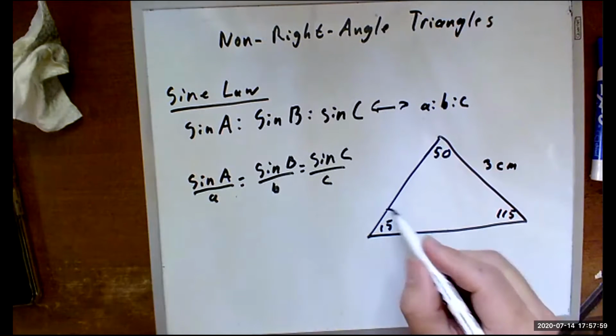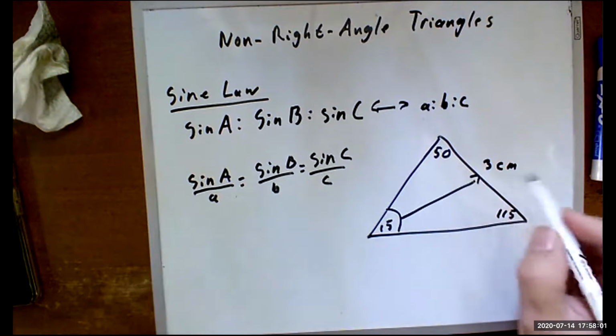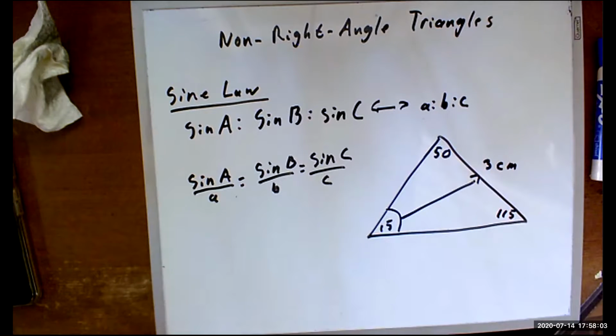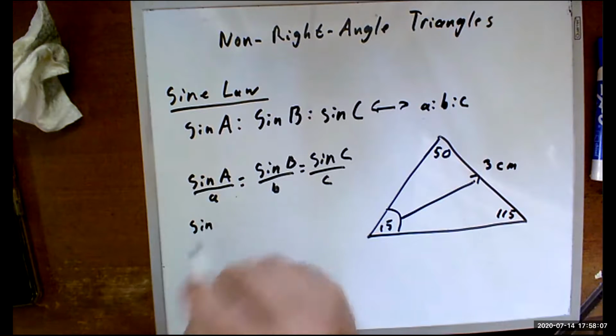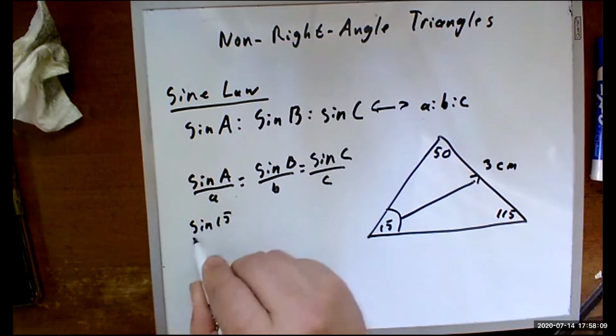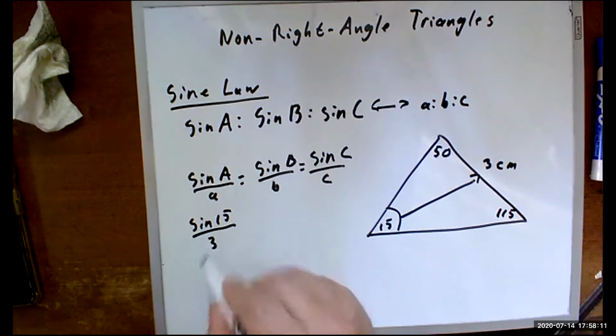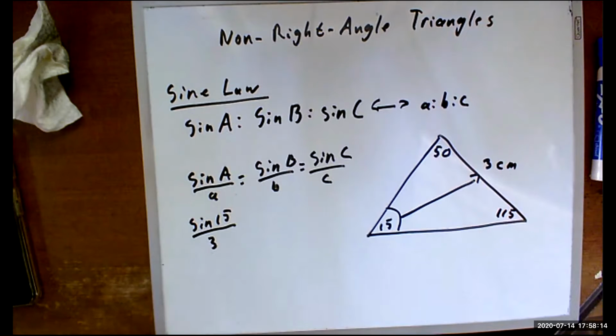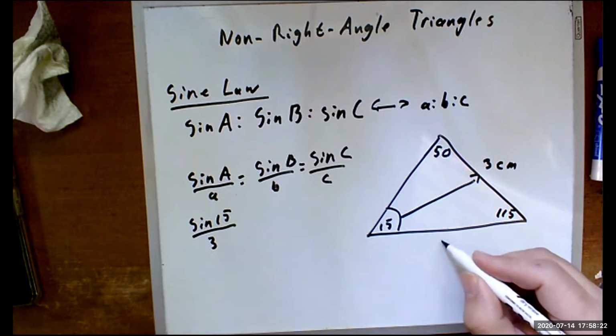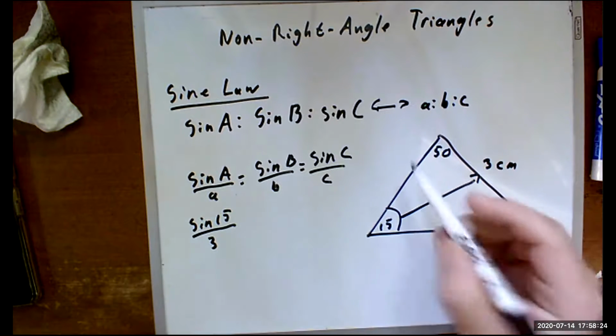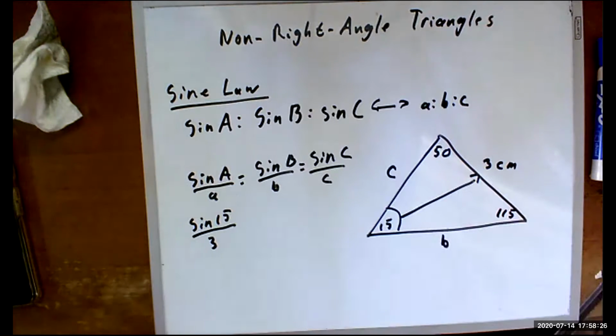Well, here then I have an angle and its side opposite, which means that I can go ahead and write that out. I know that the sine of 15 is going to go over 3. Just for clarity, we're going to label the other sides. I'm going to call this side B and this side C. It doesn't matter which way you label it.